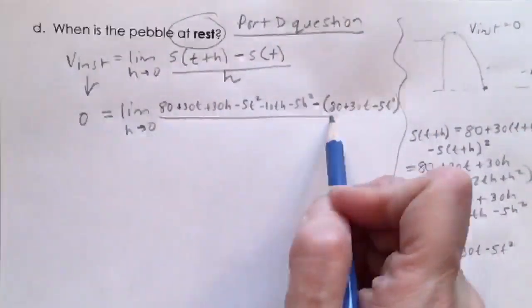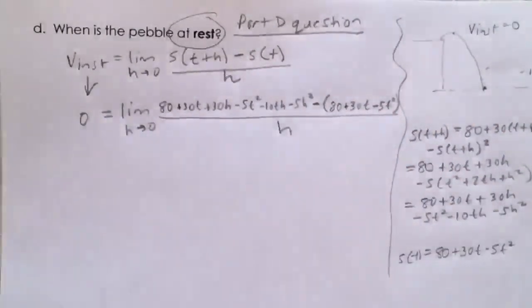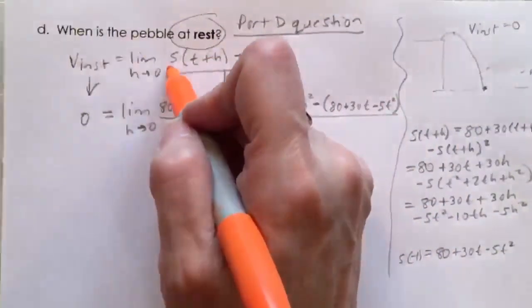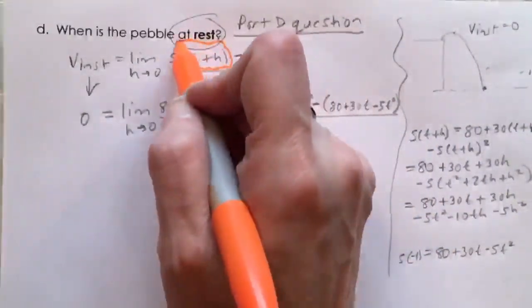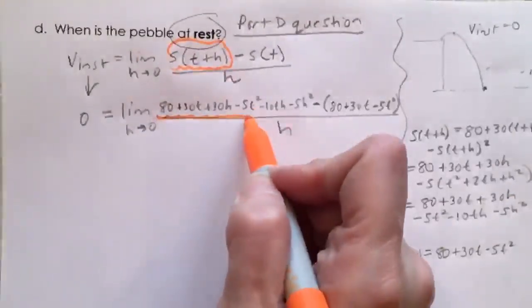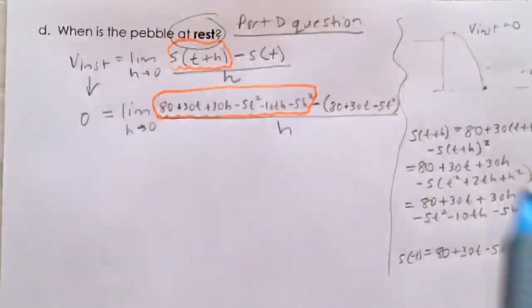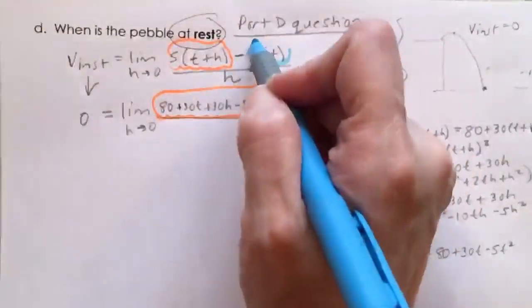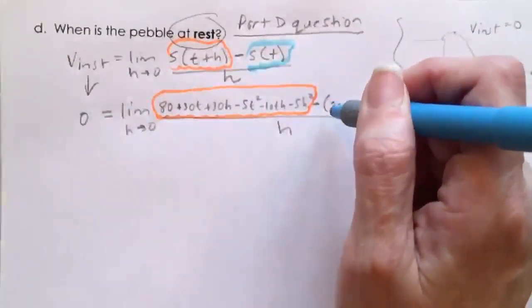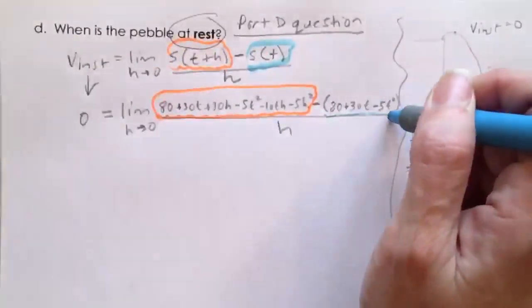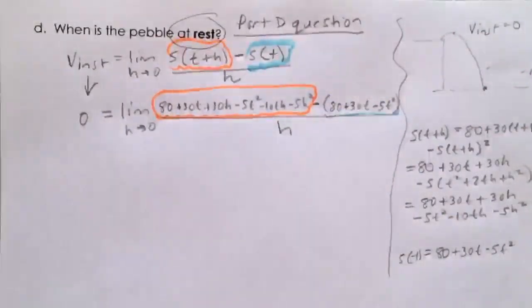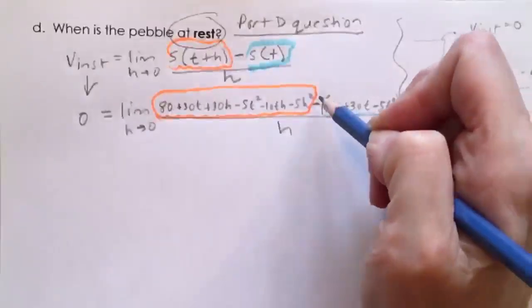And then that's all over h. So again, correspondence-wise, here's s at t plus h, here's s at t plus h, here's s at t, and here's s at t. I'll just underline it because it's got this minus in front of it that you're going to distribute here.